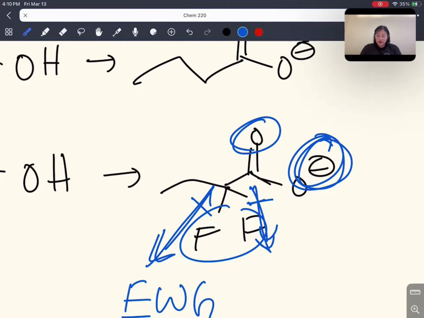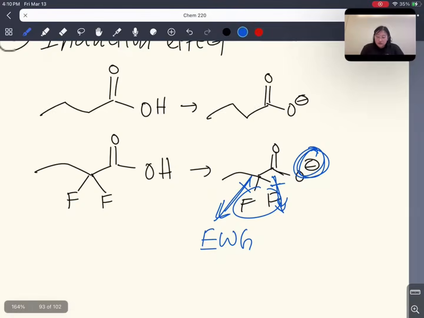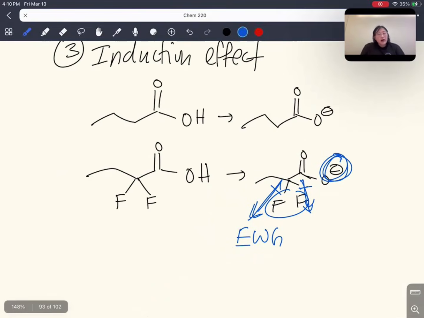Therefore, if we're pulling away minus charge, that means we're delocalizing the negative charge more, or we're able to stabilize that negative charge. So it's good to have electron withdrawing groups when you have a huge chunk of minus charge.